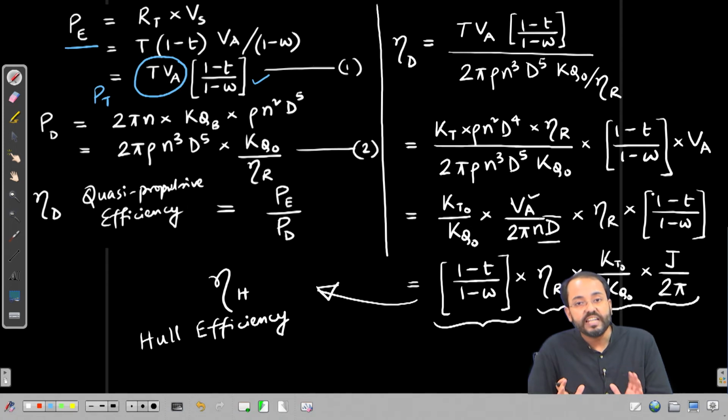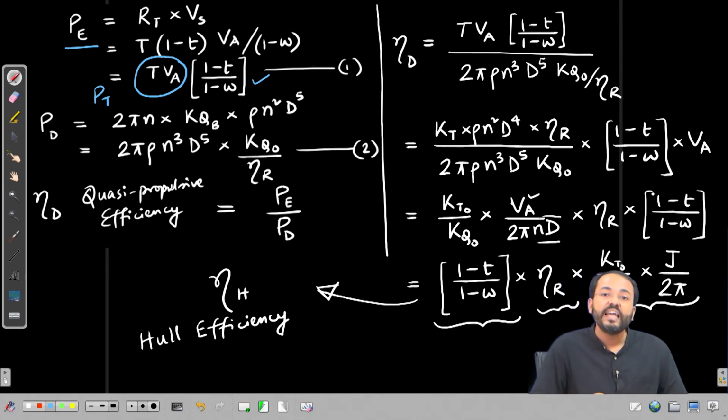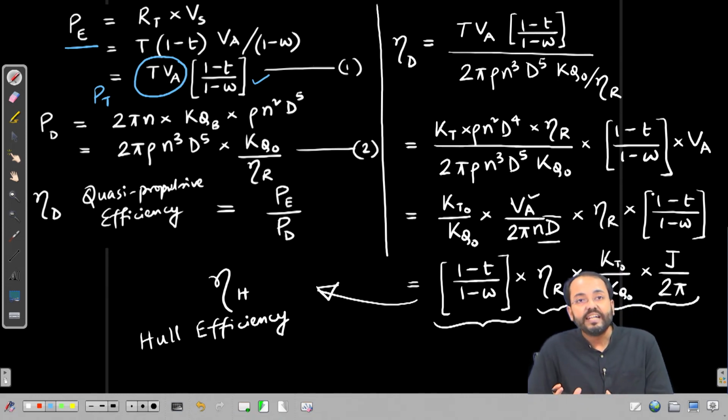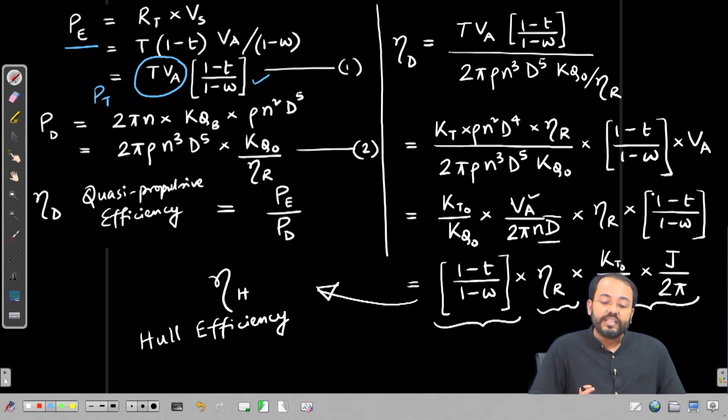That means the shape, the lines plan of the ship, especially towards the stern region, and also the propeller design. So, this is related to both the thrust deduction and the wake fraction. So, the effect of hull propeller interaction is very much expressed using this factor, which is the hull efficiency.